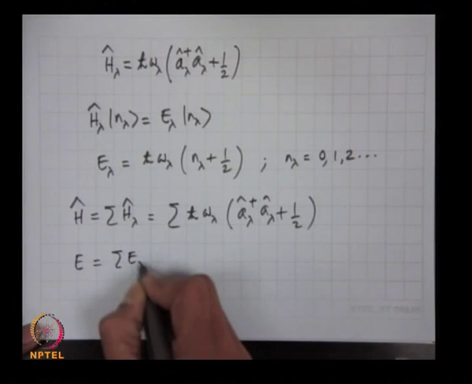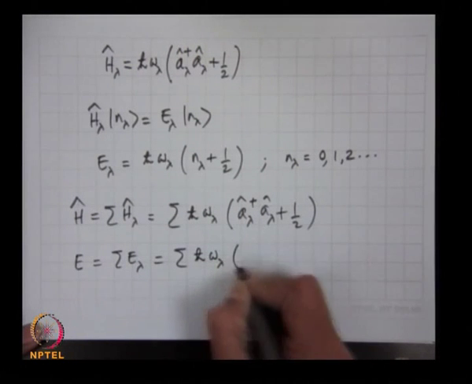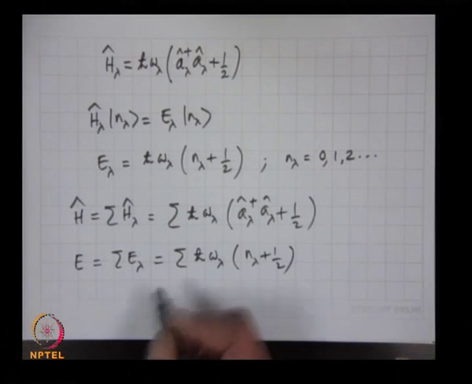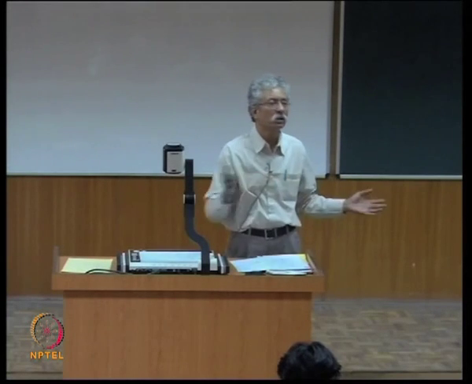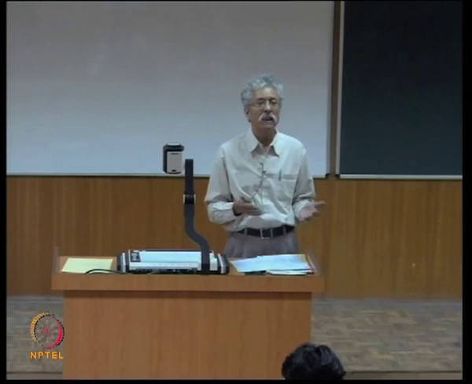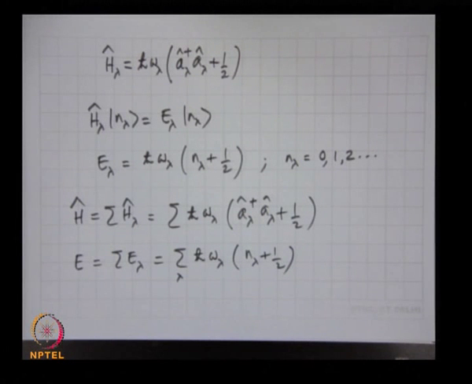Sum of E lambda, sum over lambda. Lambda goes to 0, 1, 2, 3, 4, minus also, all possible. Each lambda corresponds to a different mode, and there are an infinite number of modes. Each mode has an energy h cross omega lambda times n lambda plus half.